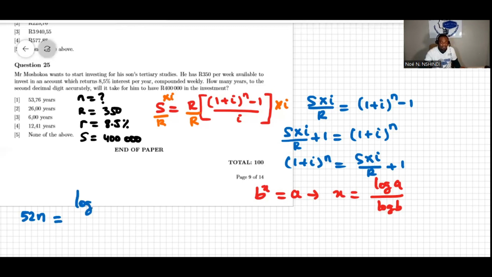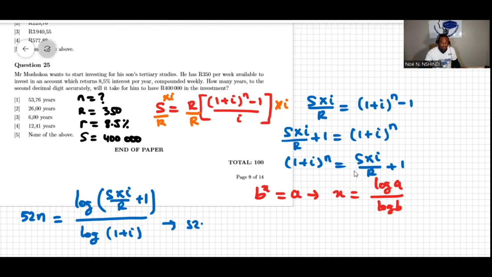log of a. So b to the x equal to a, that's b to the n, and a is all this here. So log of S multiplied by I over R plus 1, that is a, over log of b. B is 1 plus I, close bracket there.